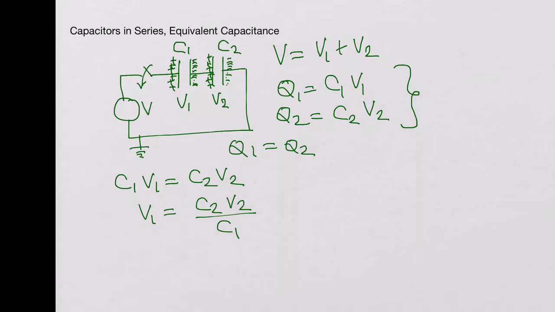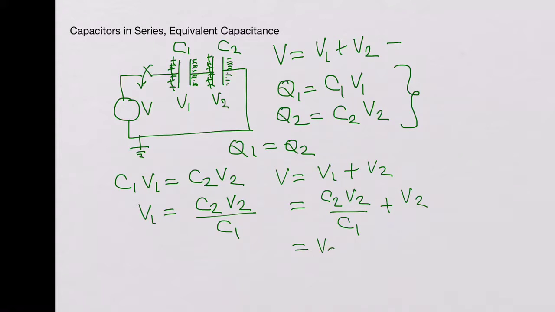And we also know that V1 plus V2 is the total voltage developed, which is V. So V is V1 plus V2, and V1 can be written as C2 V2 over C1 plus V2, which is V2 times 1 plus C2 over C1.